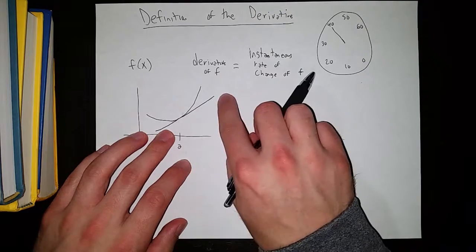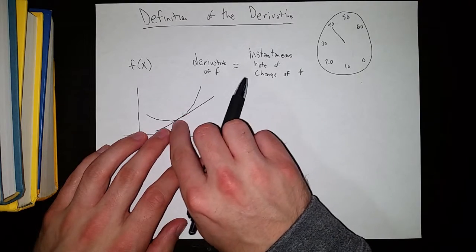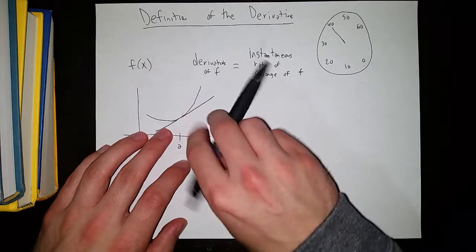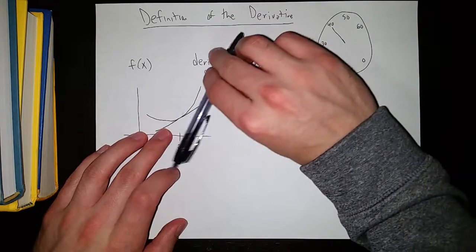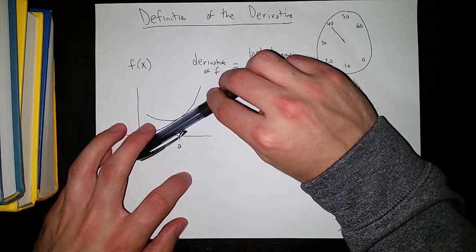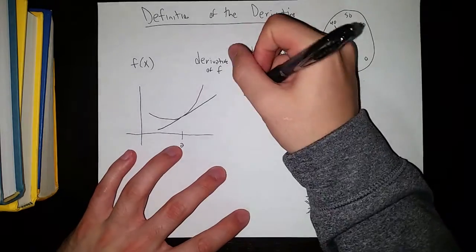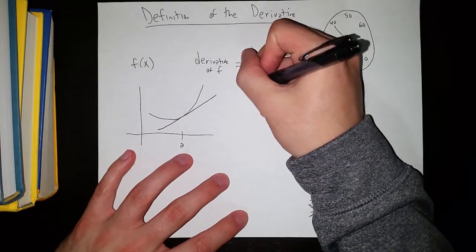We're looking straight out. And then as we turn here, our instantaneous rate of change starts to go up a little bit. And so now let's look at the definition of what this is actually telling us.